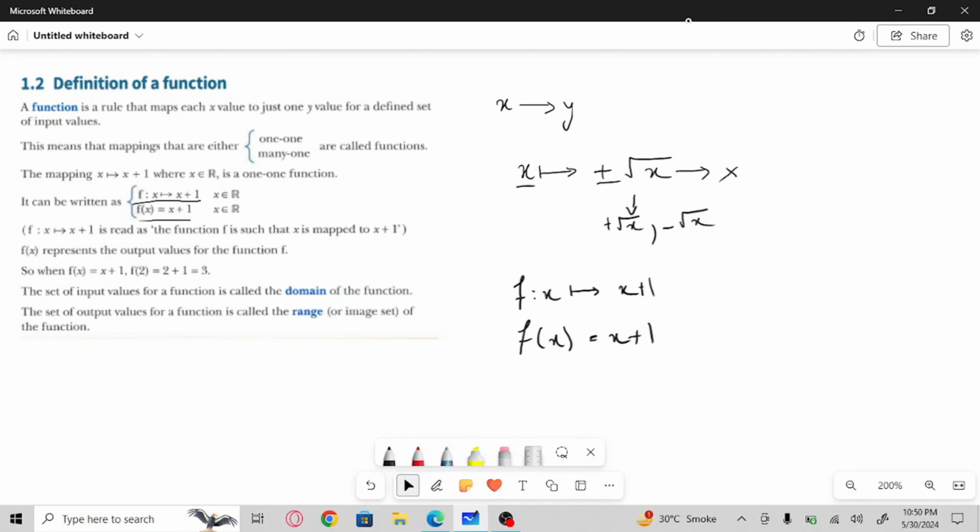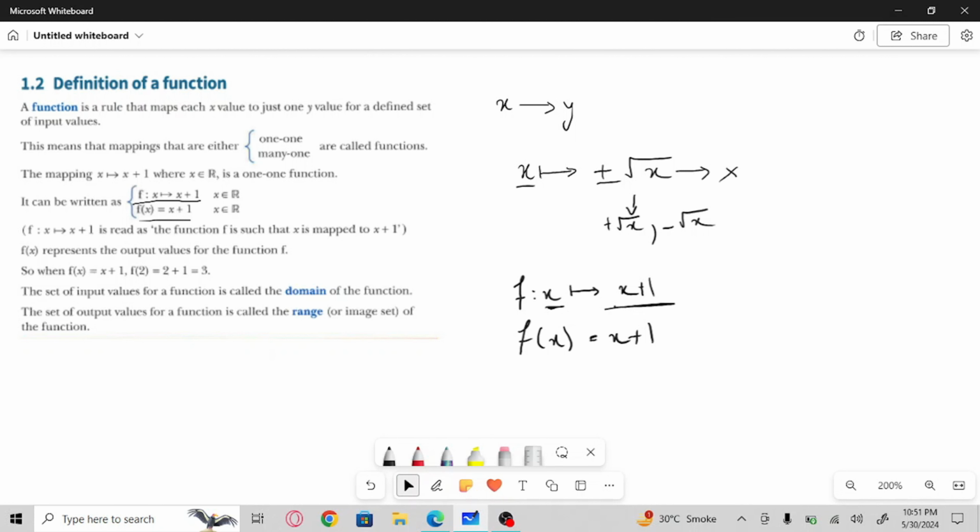So basically what it reads is that the function f is such that any input x itself is mapped to x plus 1. So if we input x into the function, we get an output in the form of x plus 1.